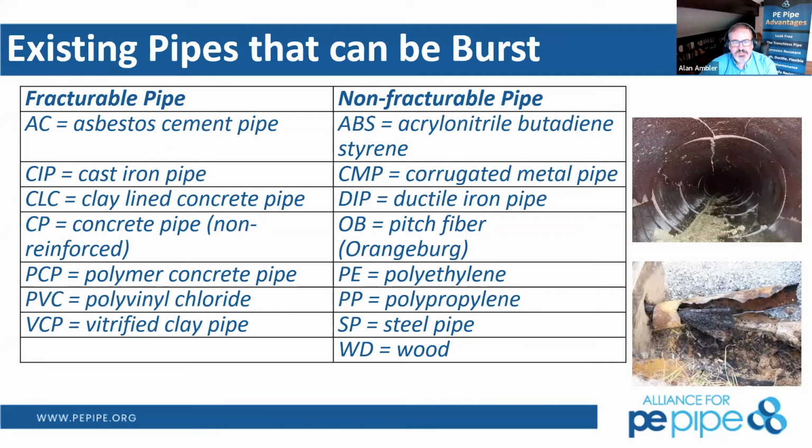So existing pipes that can be burst include AC pipe. Yes, it is legal. There are regulations that need to be understood and controlled while you're working with the asbestos cement pipe itself. It's not within the Clean Water Act or the Drinking Water Act.